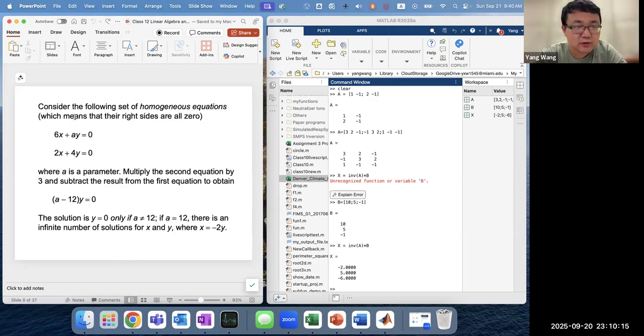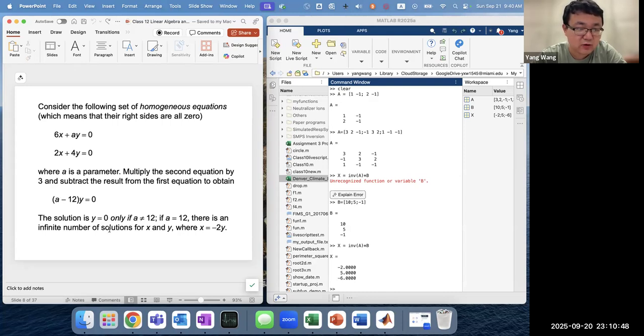Okay, so then we could actually generalize the singularity or non-singularity of the equations. For example, if you have this set of equations, 6x plus ay equals 0, 2x plus 4y equals 0, and then you multiply 3 to the second equation and take the difference, and then the solution is y equals 0 only if a is not 12.